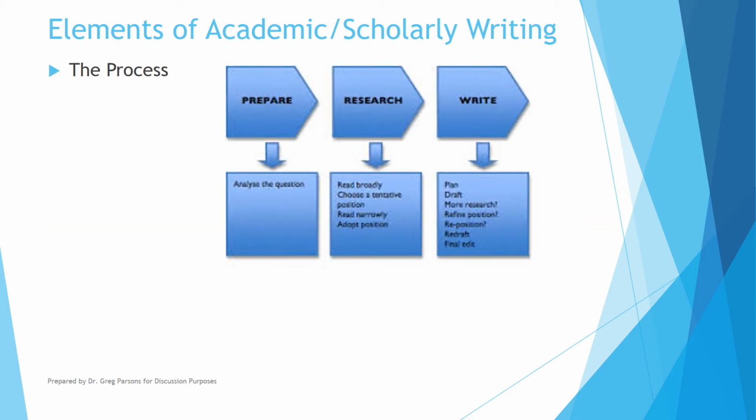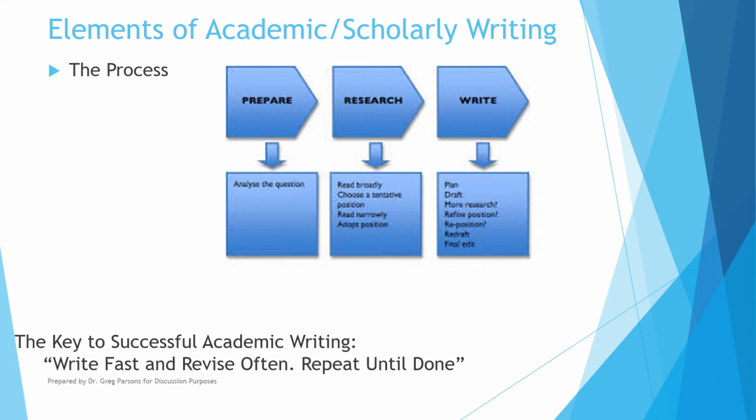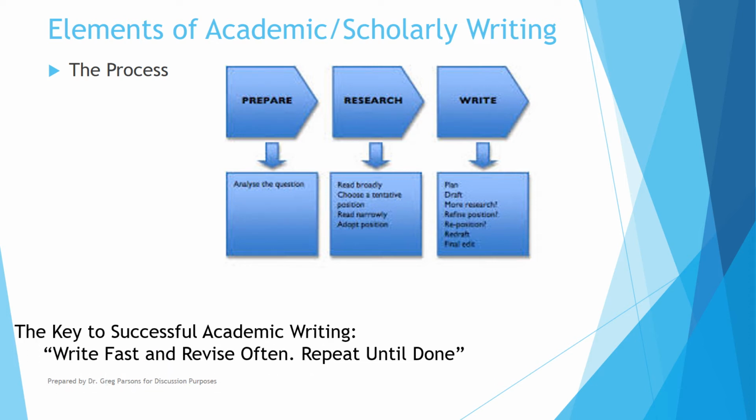The process is one of planning, really. So you have to prepare, set a plan, then you have to research, then you finally have to write and rewrite and rewrite and rewrite. So the key, my personal advice to successful writing, is write fast and revise often. Repeat until done.